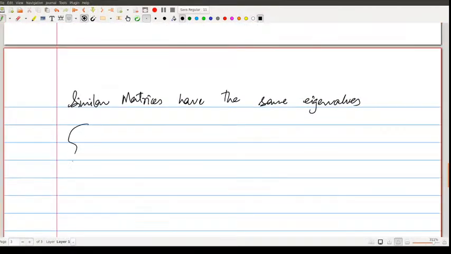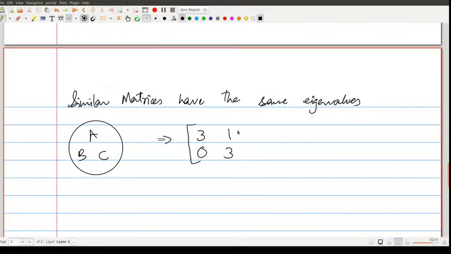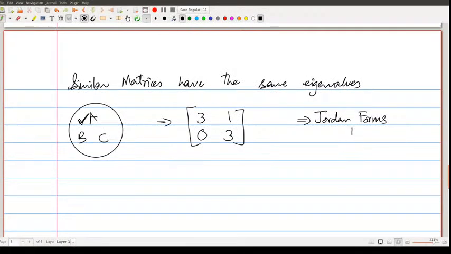If you have this family A, B, C, and I have this matrix in this family, 3, 1, 0, 3, which one is the nicest member of this family? And the answer comes from the idea of Jordan form, or Jordan block. And the idea is actually this A matrix is itself the nicest form because the Jordan form looks like this.